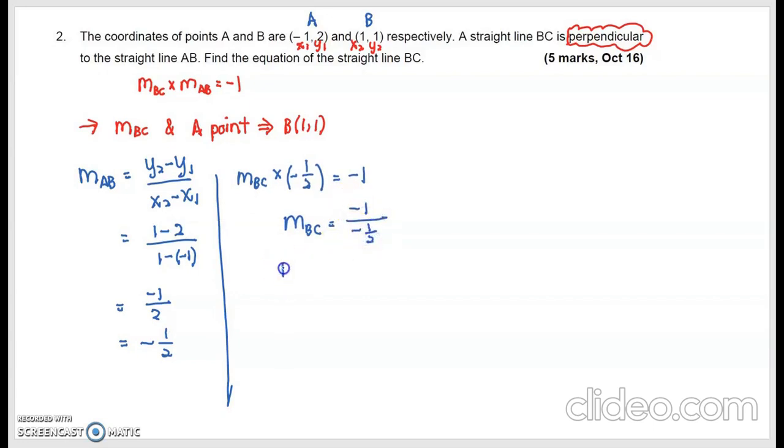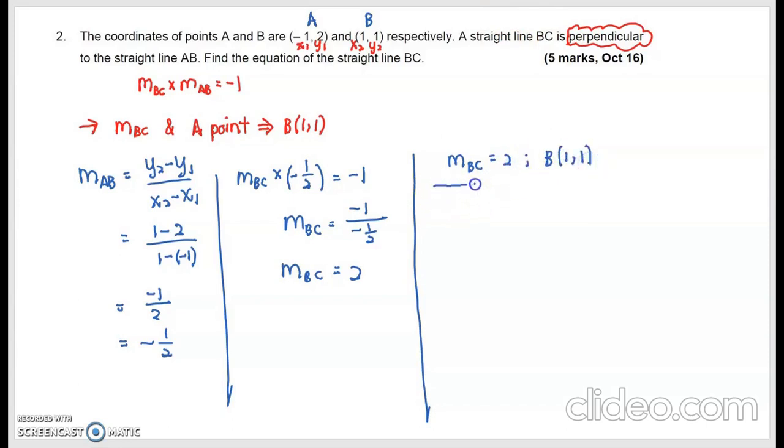You can use your calculator. Gradient of BC will be equals to 2. So negative, negative, positive. 1 divided by 1 over 2 is 2. So this is the gradient of BC. Now we already have the gradient. We have the point. So m BC is equals to 2. And the point B is equals to 1 and 1.